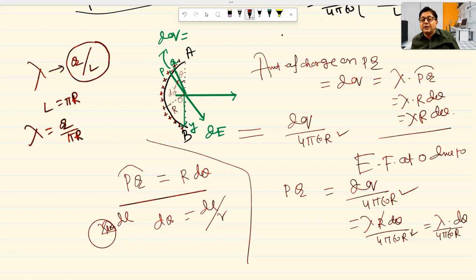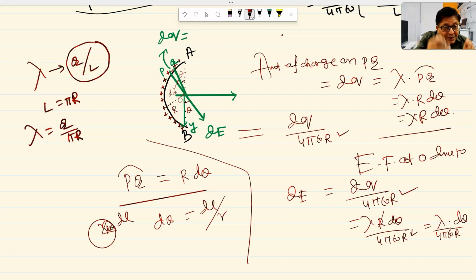This is the value of the electric field, not PQ. Sorry, this is dE. dE equal to dq by 4 pi epsilon 0 r square, lambda by 4 pi epsilon 0 r d theta. But this is just the magnitude. Electric field is a vector quantity. For every elemental portion, the direction will not be like this. For this elemental portion, it is directed in this manner.